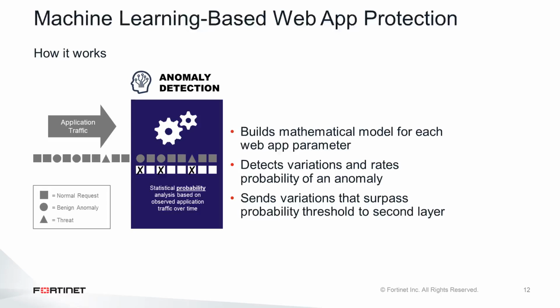What this means for the business: multi-layered machine learning engines protect against zero-day attacks, intelligently detecting threats with virtually no false positives. Layer 1 detects anomalies by building profiles and mathematical models for each parameter in a given web application. Layer 2 classifies anomalies as threats by examining variations based on a predetermined threshold.